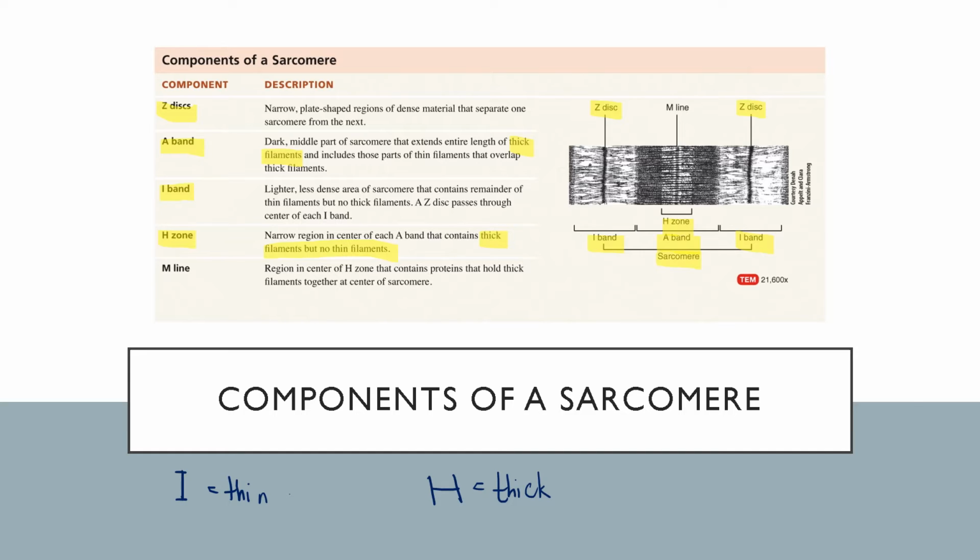Supporting proteins that hold the thick filaments together at the center of the H zone form the M line. And this is named because it's in the middle of the sarcomeres.